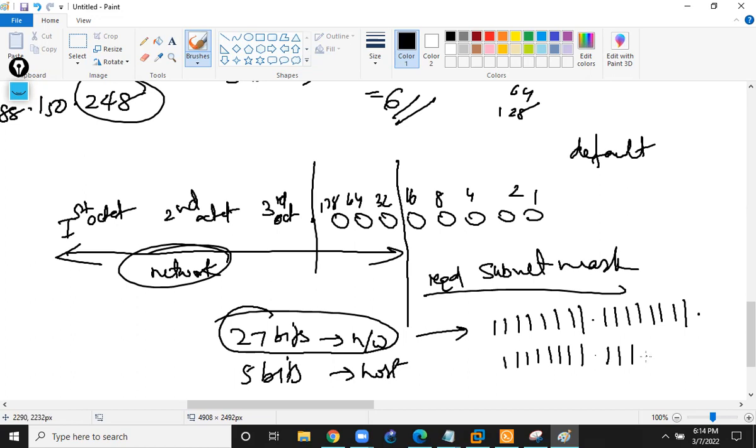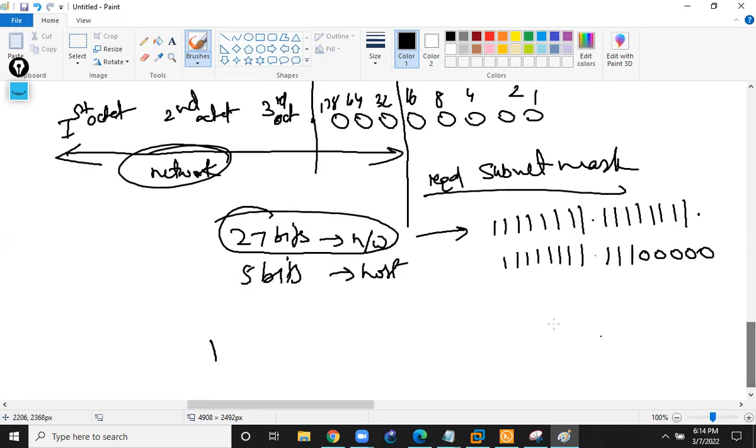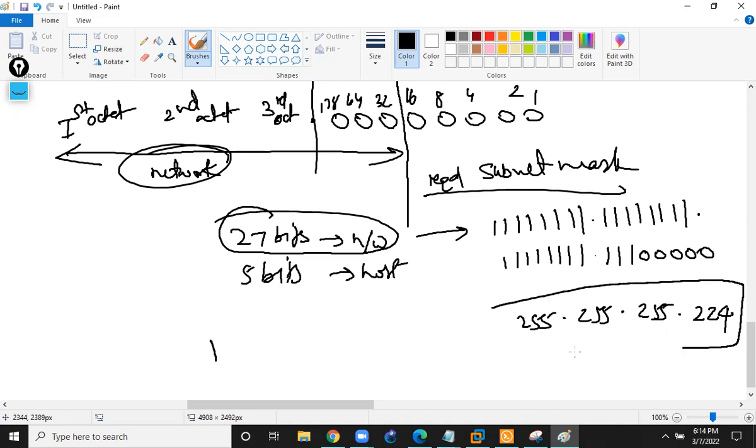All the rest of the bits, 5 bits, are zeros: 0, 0, 0, 0, 0. When you calculate this value, you will get 255.255.255.224. So this will be the required subnet mask. Clear? Can you write the required subnet mask for the next questions?